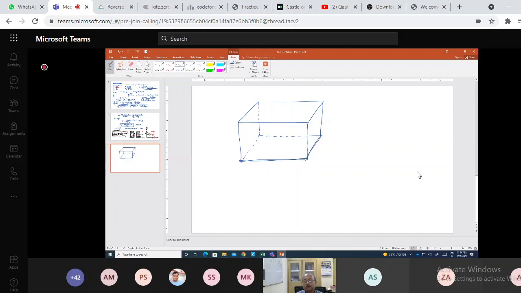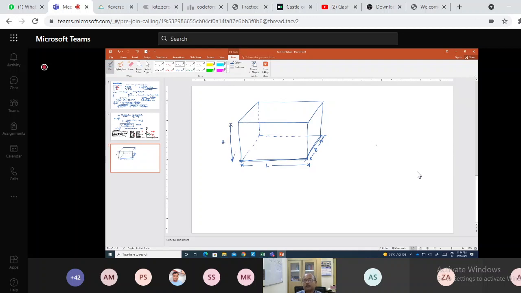For the rectangular settling tank, let's call the width B. So B is the width of the tank, L is the length of the tank, and let's say H is the height of the tank.